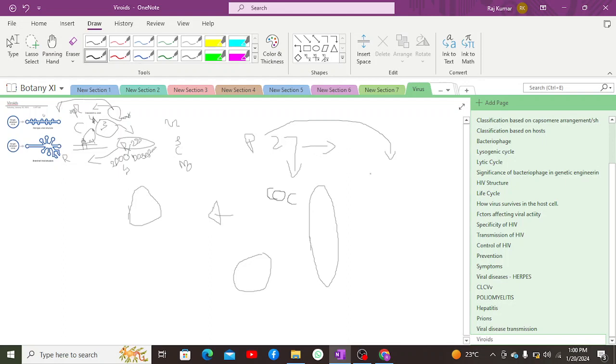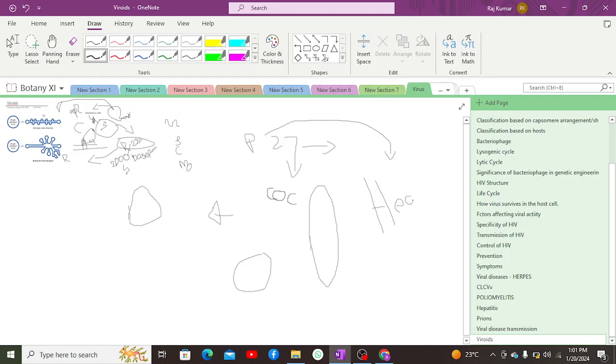This means that the gene responsible for the synthesis of chlorophyll is silenced by the viroid, so chlorophyll is not synthesized.